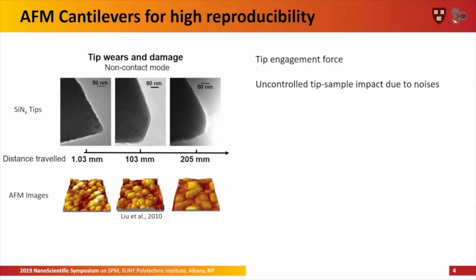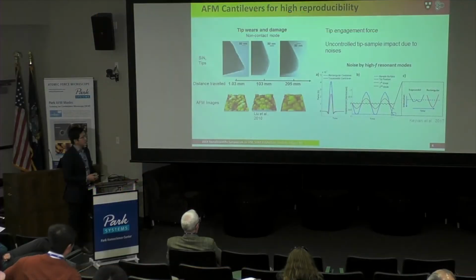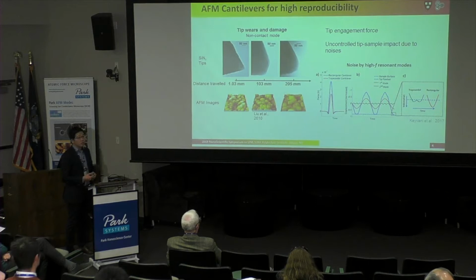The reasons for this could be many, but the first commonly one is the tip engagement force, and the second one is the uncontrolled tip-sample impact due to noise. Again, there are a number of sources that can cause noise, one of which is noise caused by high resonant frequency modes, because in non-contacting mode or tapping mode, the detecting system is only seeing the motion of the beam with one fundamental frequency, and the higher modes are normally considered noise. Solving this is possible, but it's annoying too, and it requires a lot of effort in electronics.